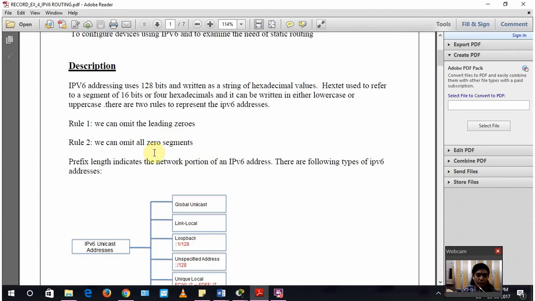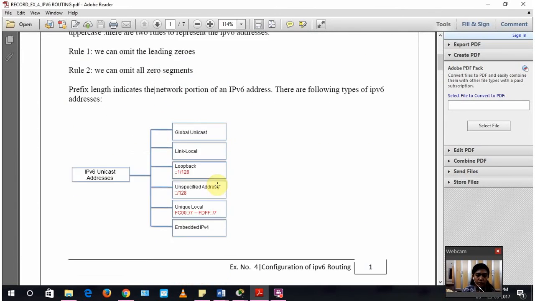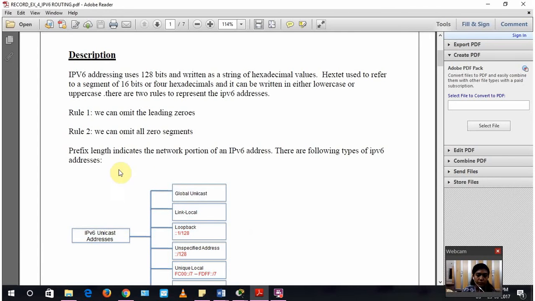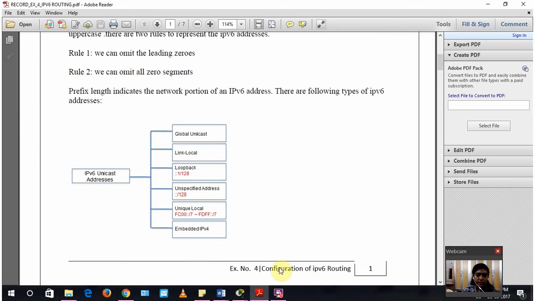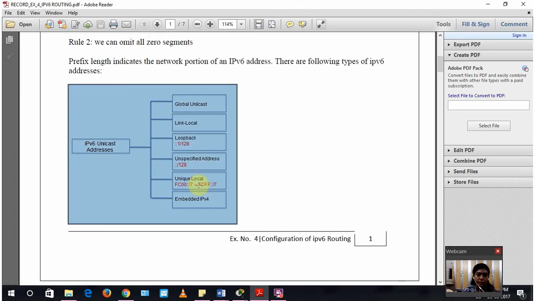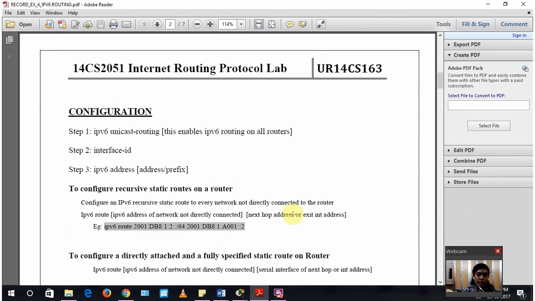There are two rules: we can omit the leading zeros and omit all-zero segments, and the segments are separated by colons. The prefix length of an IPv6 address indicates the network portion. The types of IPv6 addresses are global unicast, link-local, loopback, unspecified, unique local, and embedded.